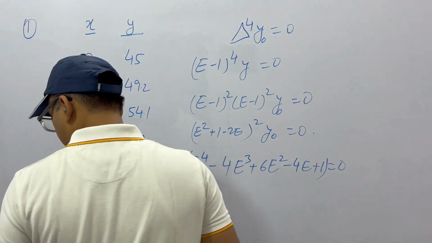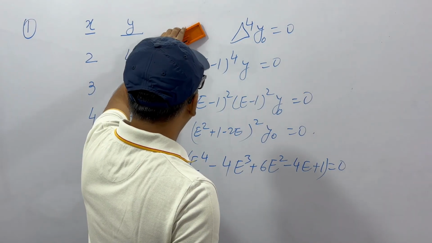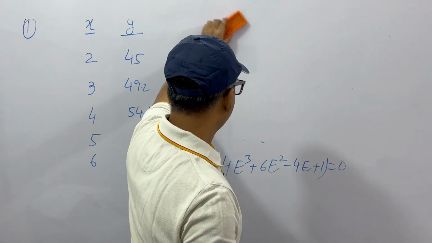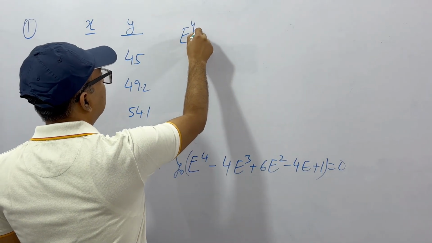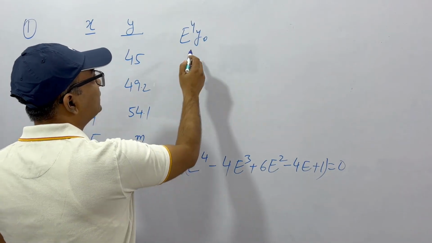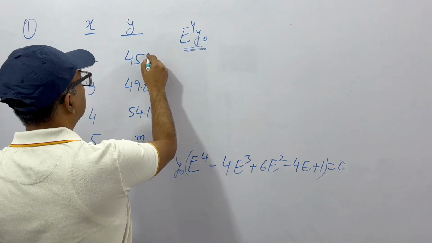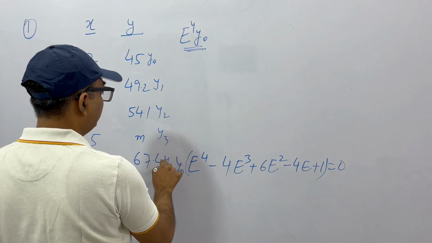So what is the meaning of this? I am rubbing this. See, this is E4 of y0. What is the meaning of this? E4 of y0 means this is y0, this is y1, this is y2, this is y3, y4.